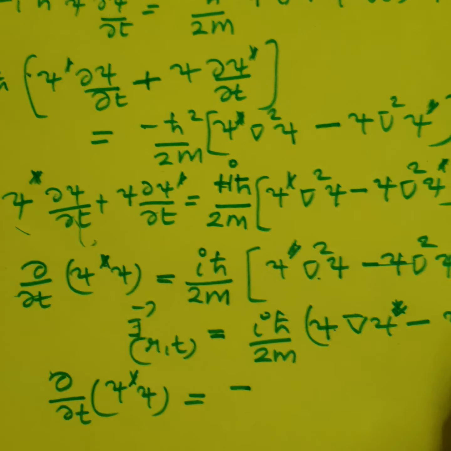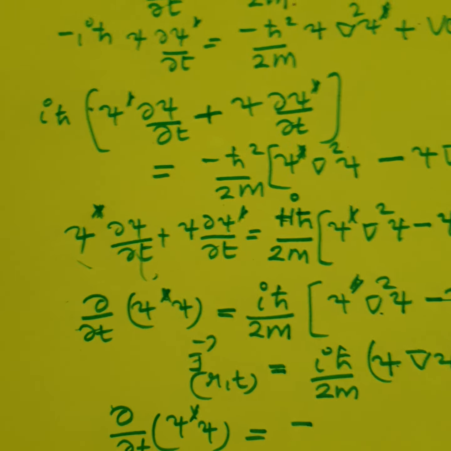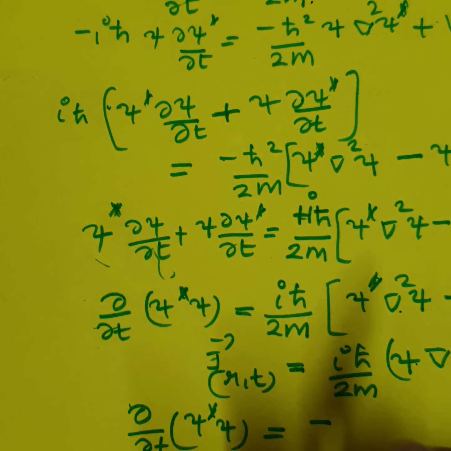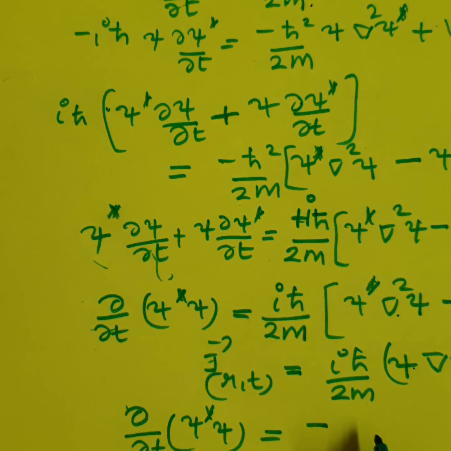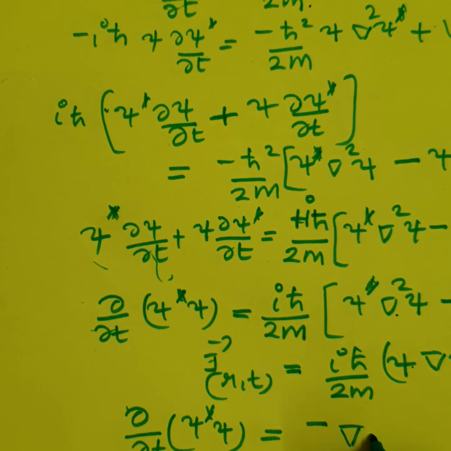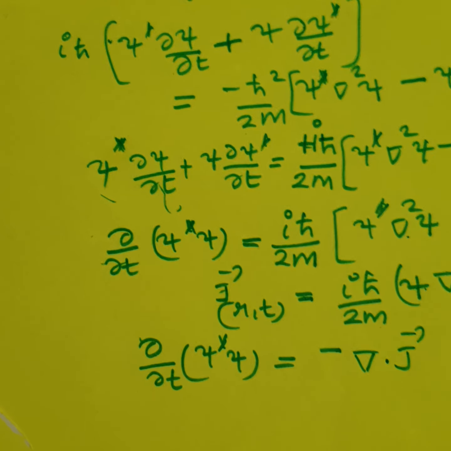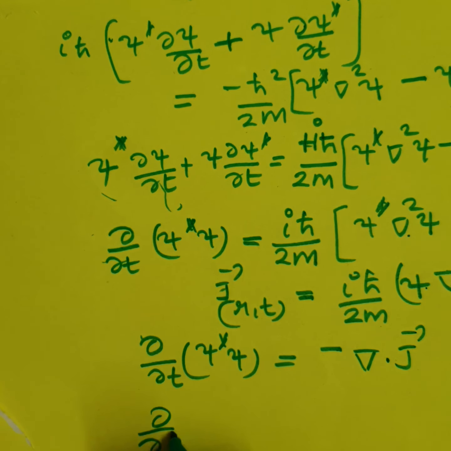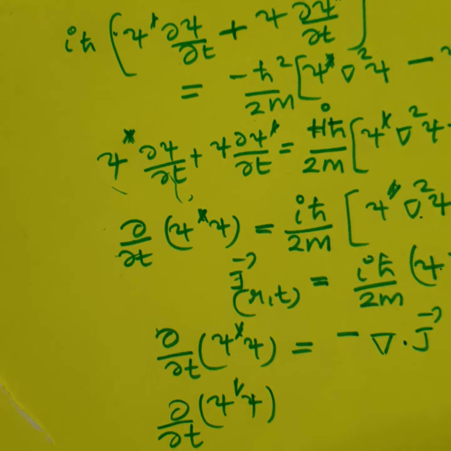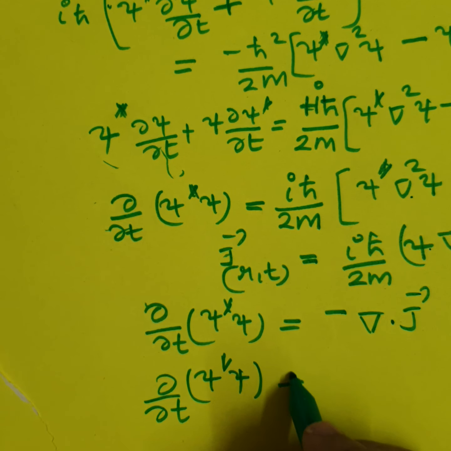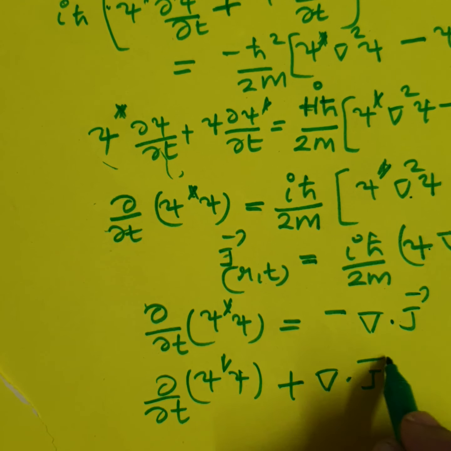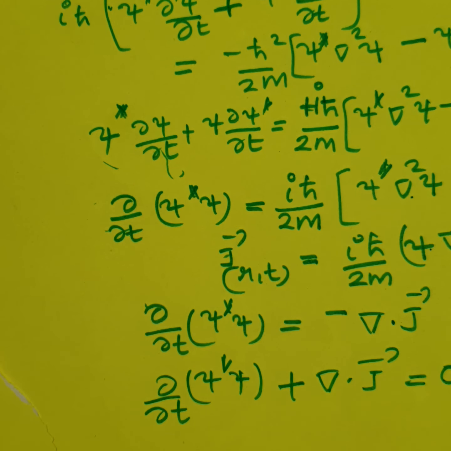So this dot will become here, and this quantity is j. So this will be minus ∇ dot j. Or it can be written as ∂/∂t of psi star psi plus ∇ dot j is equal to 0.